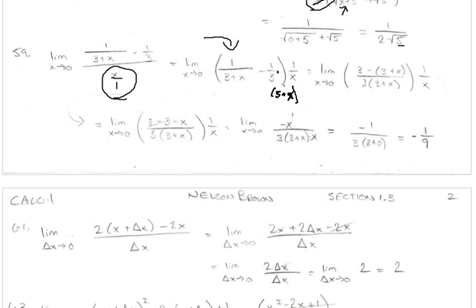But if I do that in the denominator, then I also need to do it in the numerator, so I'll multiply by 3 plus x there too. Over here, I'm missing a factor of 3, so I multiply the denominator by 3 and the numerator by 3. I also have this minus sign here.